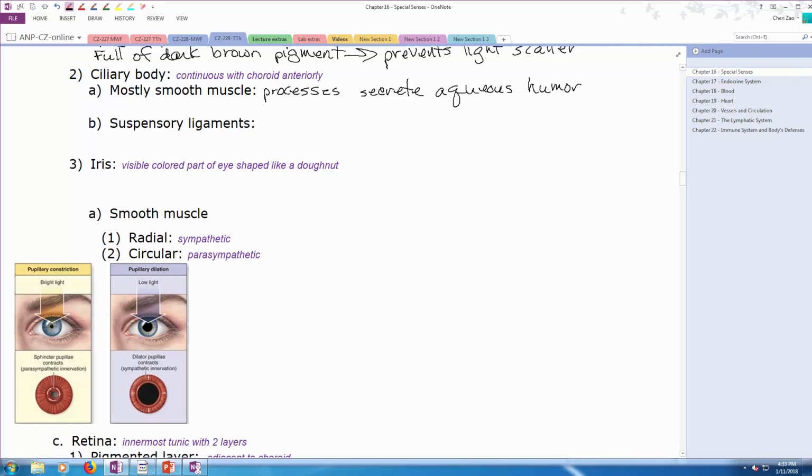Suspensory ligaments come off of the ciliary body's processes and attach to the lens capsule edge and help hold the lens in place.